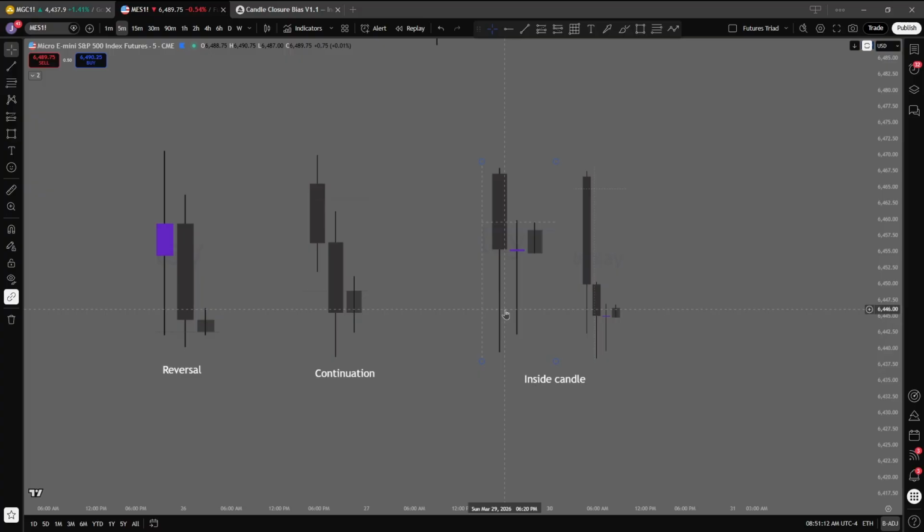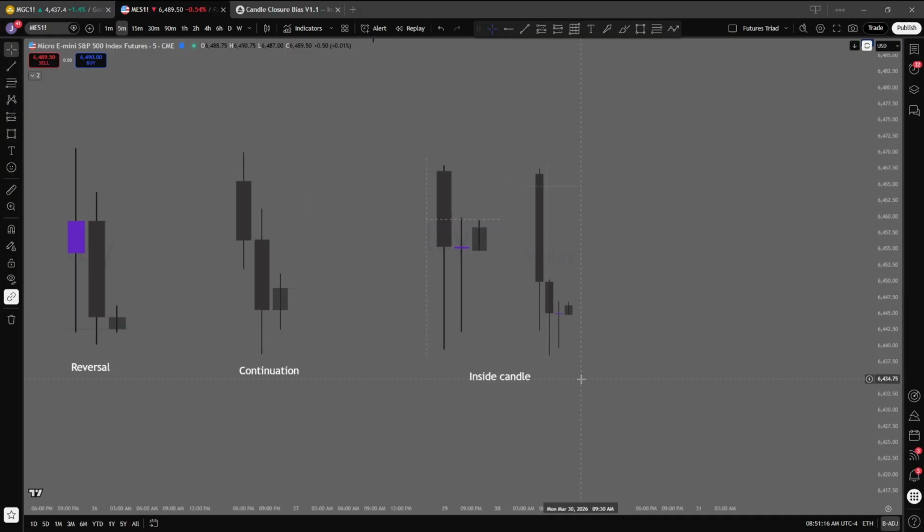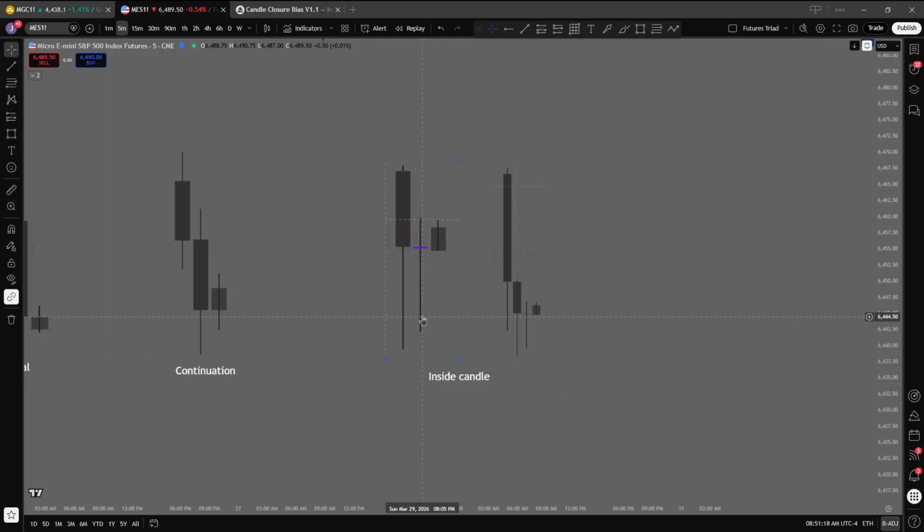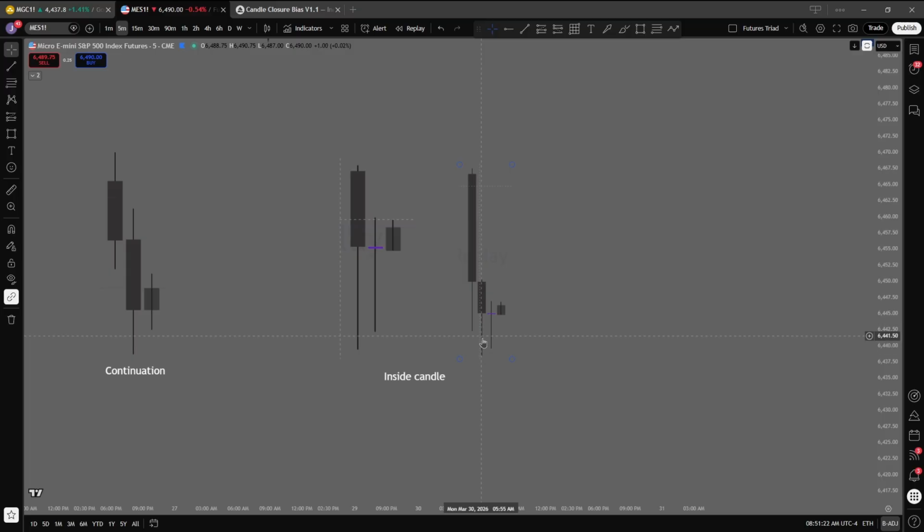Now, what can we expect? First, we have to look back on the chart and see what happened before this candle was formed, right? So if you look back, we see that this candle actually formed a reversal signal. But this third candle didn't take out this high, right?